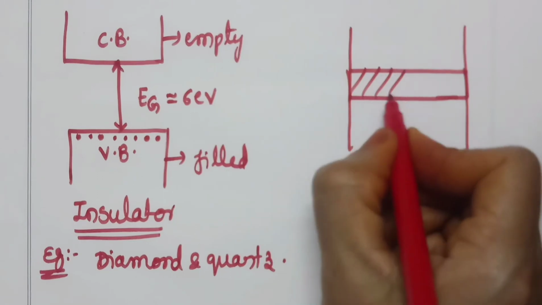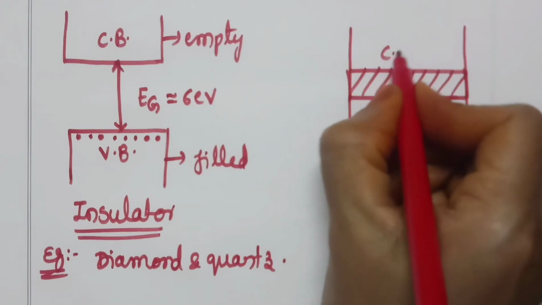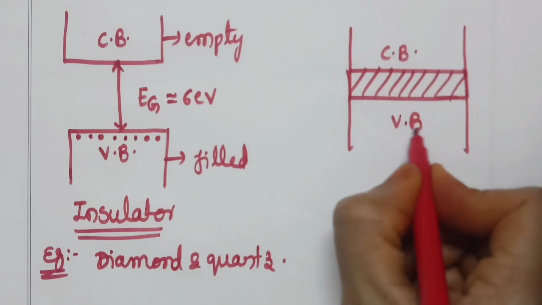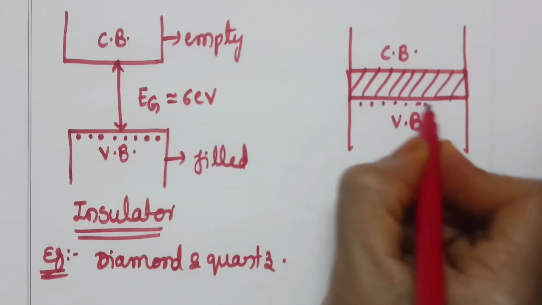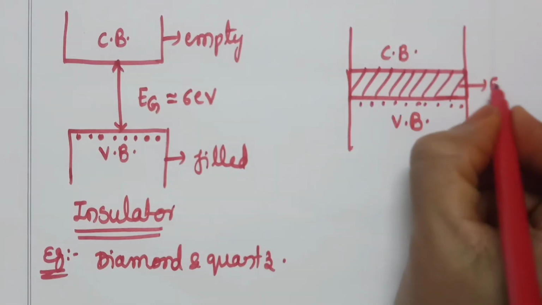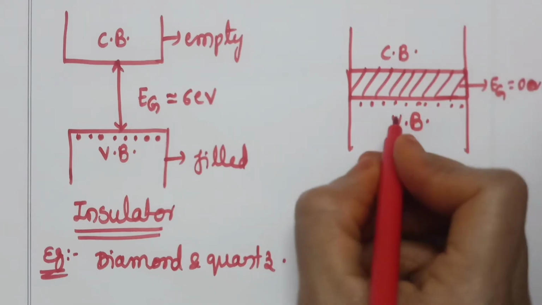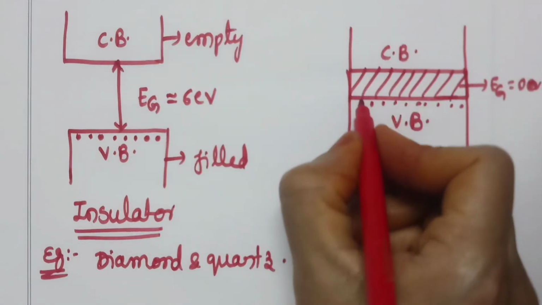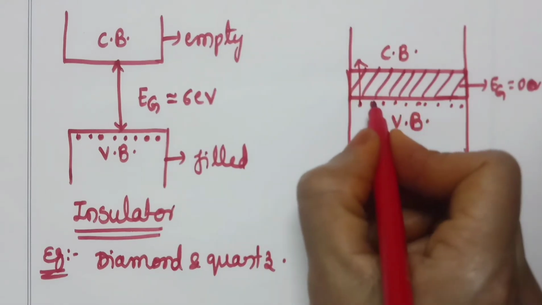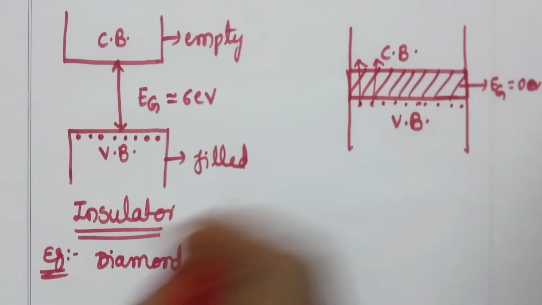That means the energy gap between the 2 bands is 0. So Eg is 0 electron volts, and the valence electrons in the valence band can move very easily to the conduction band without any application of field.